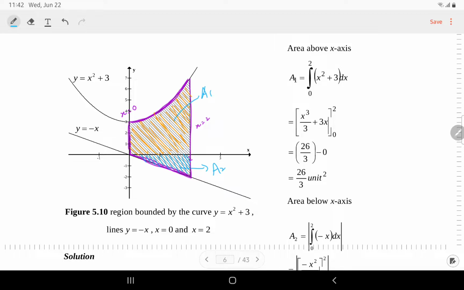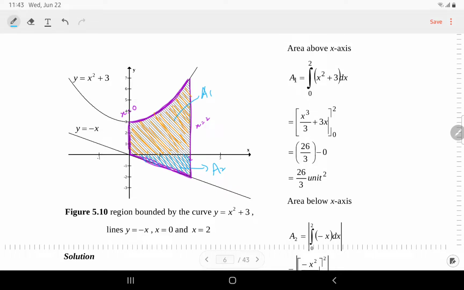Okay, so for A1, shaded region yang belah atas x-axis. So we need to integrate it from 0 to 2. Sebab dekat sini 0, dekat sini 2. 0 to 2. And then masukkan function dia. Function dia yang mana? Kita nak masukkan yang ni ke yang ni? Okay, masukkan yang boundary dia lah.